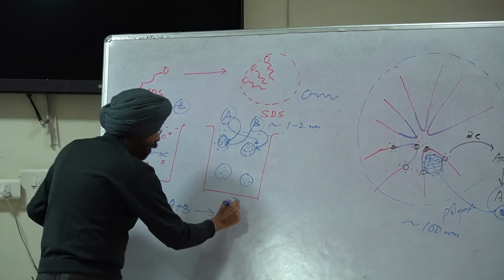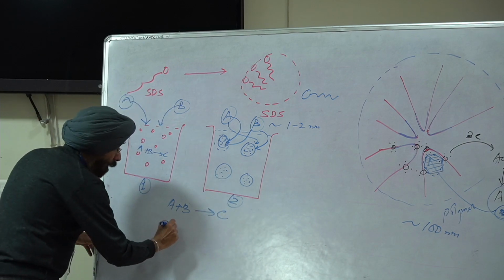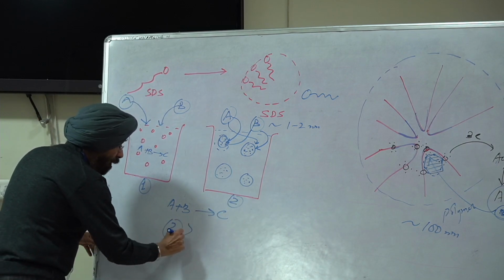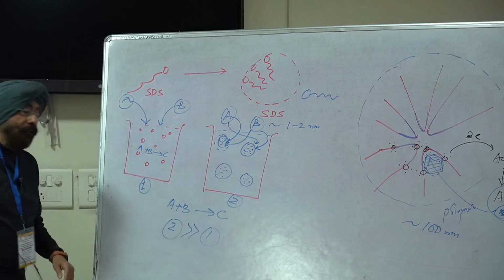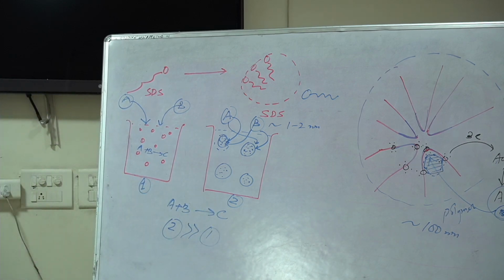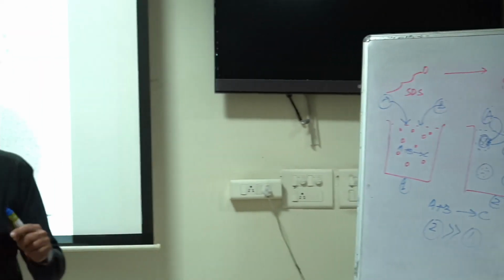If I say reaction vessel 1 or 2, reaction 2 is much more facilitated in comparison to reaction 1, because we have created a template which is not only the platform for the self-assembly of so many gold nanoparticles, but also attracts the solubilization sites of the reactants whose reaction we want to catalyze.